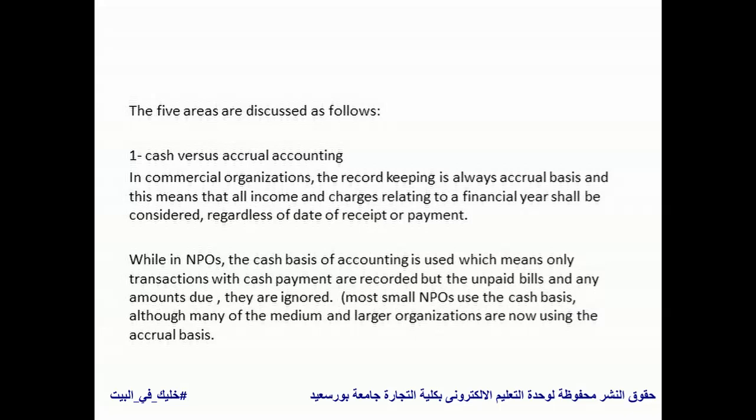While in case of NPOs, the cash basis of accounting is used. What do we mean by cash basis of accounting? The cash basis of accounting means that only transactions with cash payment are recorded, but the unpaid bills and any amounts due are ignored.